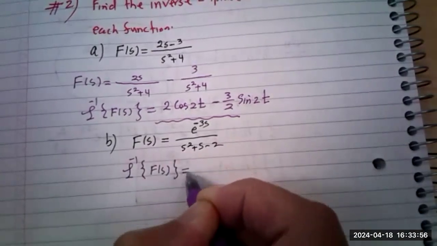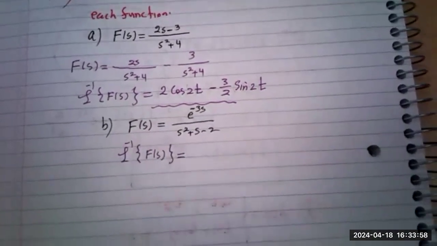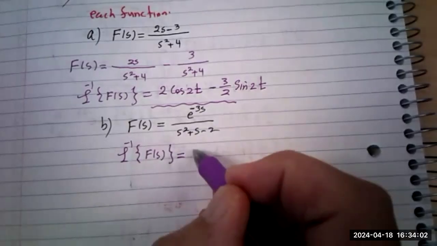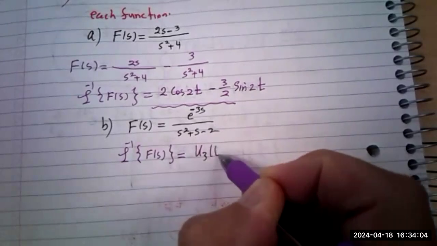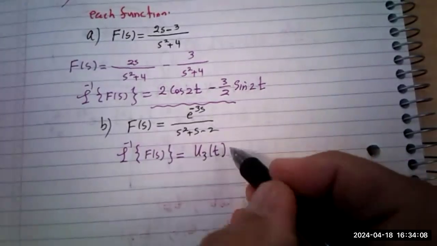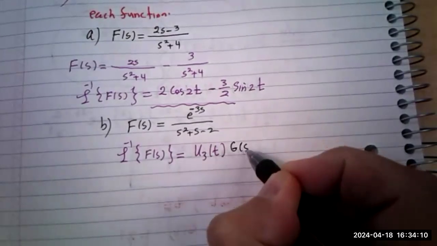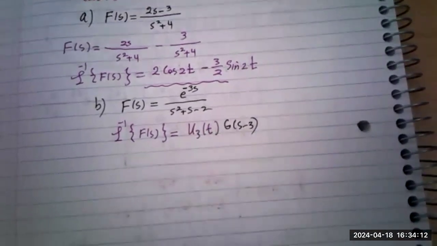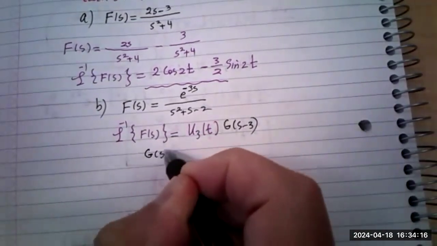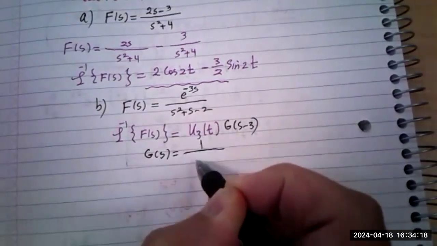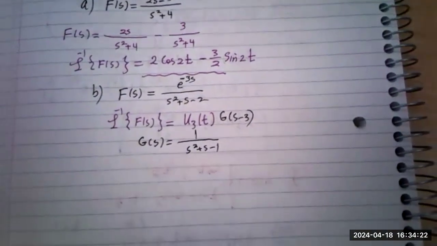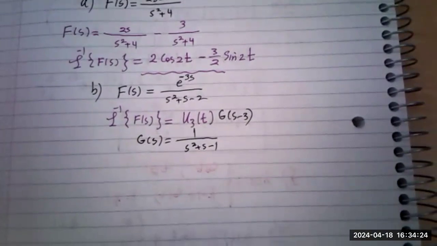It's going to be equal to, okay, so basically, because of the e to the negative 3s, it's going to be u3(t). I'm going to call this one something like J(s).